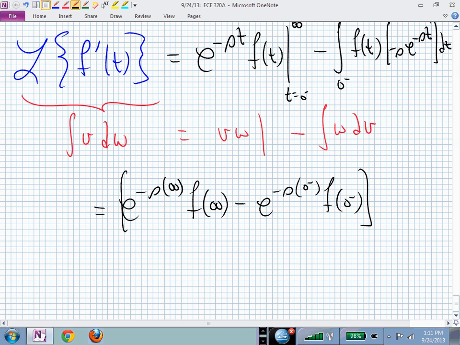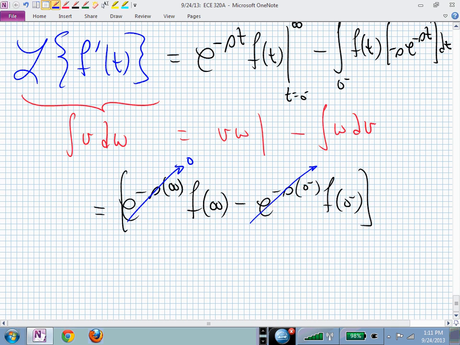So f of infinity is a bounded value. That's what we're assuming for f being well behaved. So that now when it gets scaled by e to the minus s infinity, it gets annihilated, doesn't it? So this guy is 0. What's this piece?